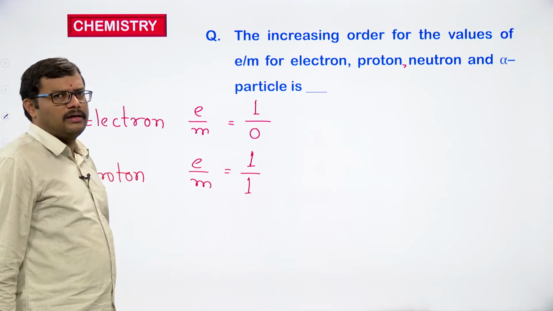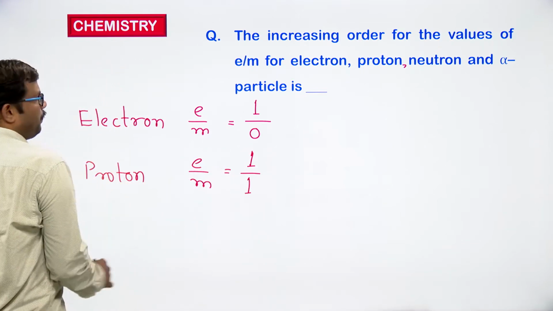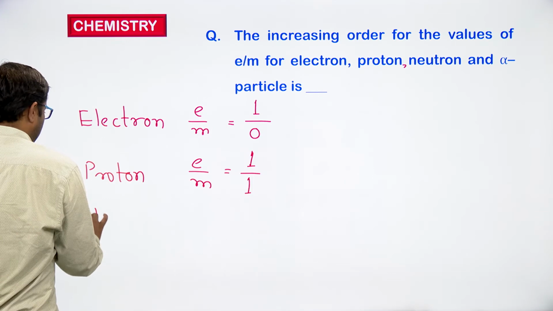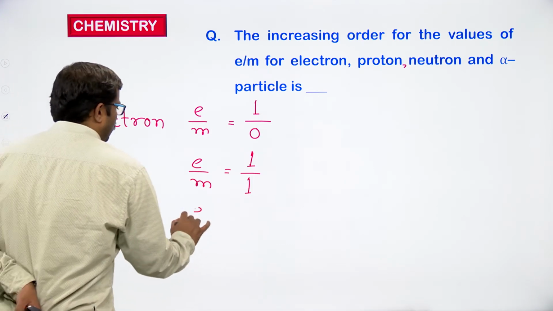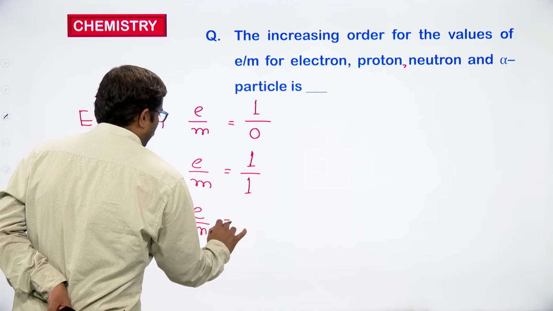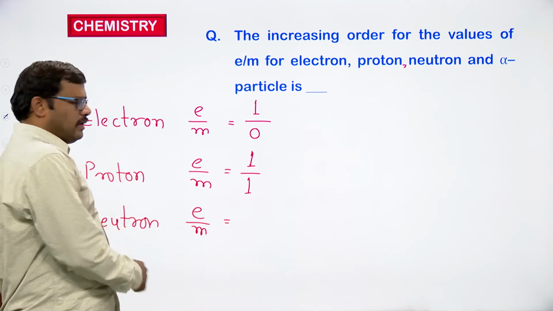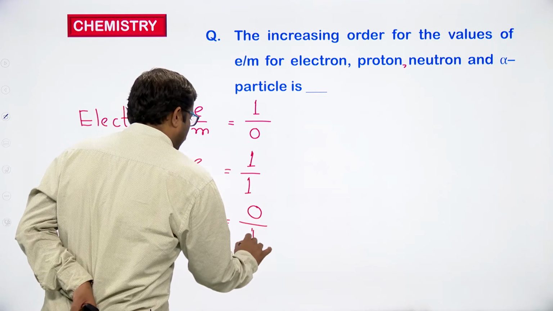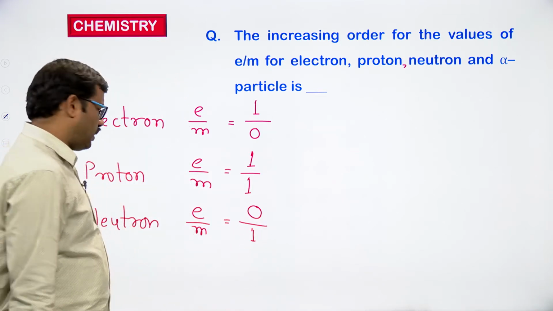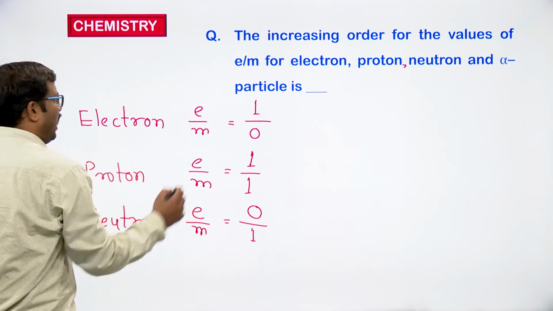Then for neutron, the E by M value: neutron is a neutral particle, so charge is 0 by mass is 1.